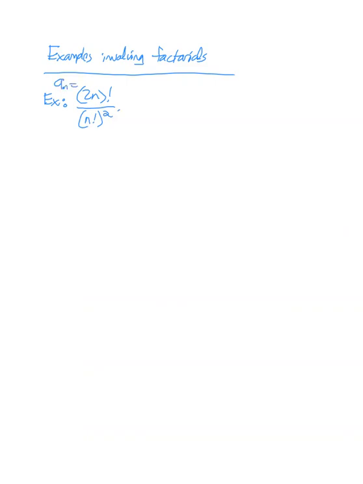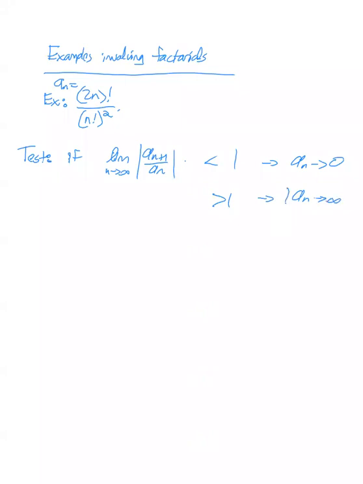So to evaluate limits like this, we're going to introduce the following test. If the ratios of successive terms, a_(n+1) over a_n, as n goes to infinity, if this is less than 1, then it implies a_n goes to 0. If it's greater than 1, it implies a_n goes to infinity, or at least the absolute values go to infinity.